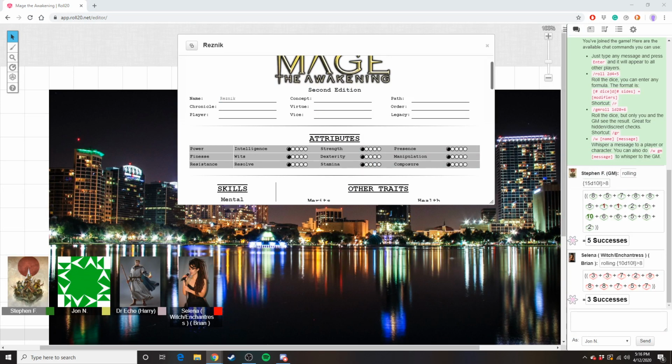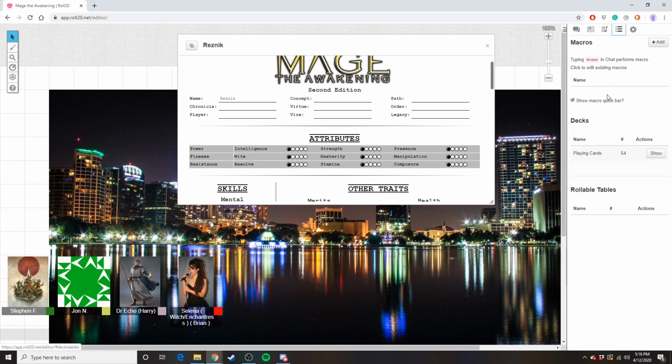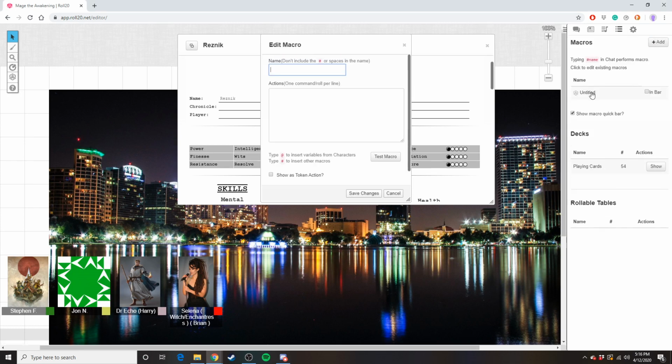Cool. Add macros. And 8s are always the target number, right?